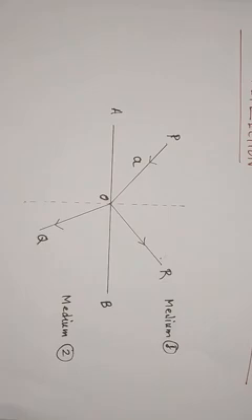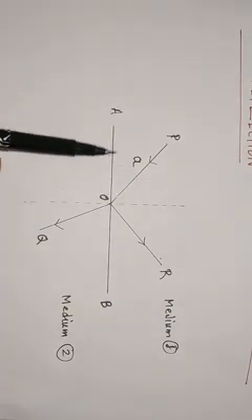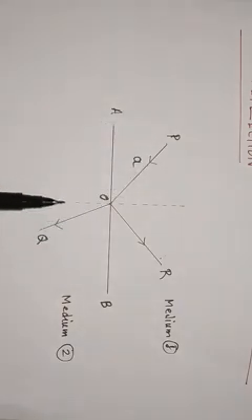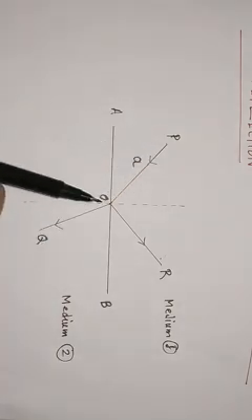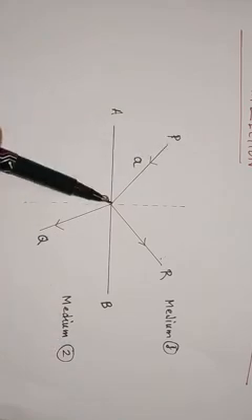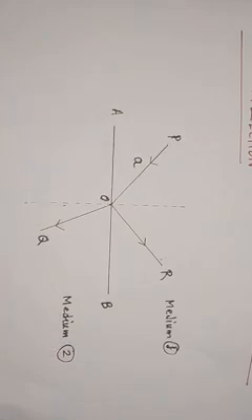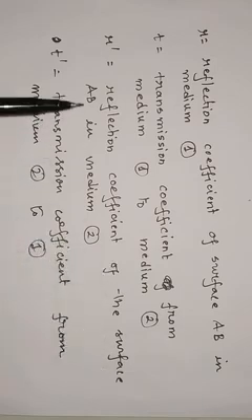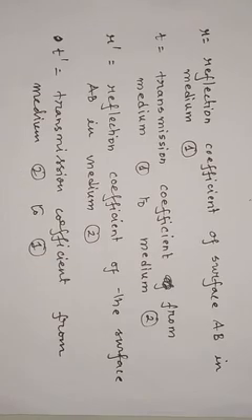So the ratio of the amplitude of the refracted, or transmitted, ray to the amplitude of the incident ray is equal to t. So t is the transmission coefficient when the ray travels from medium 1 into medium 2. Similarly, r prime is the reflection coefficient of the surface AB in medium 2 and t prime is the transmission coefficient from medium 2 to medium 1.